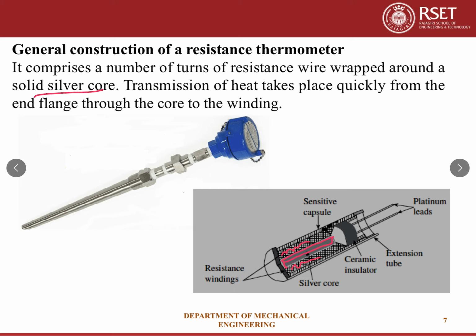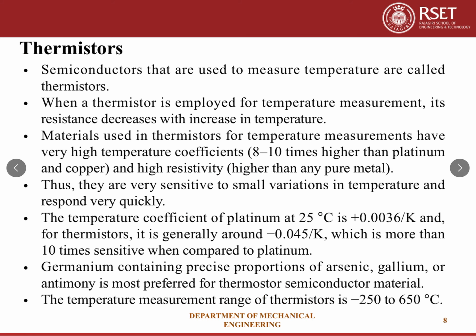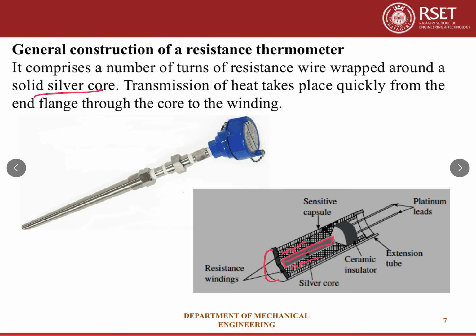Then we can see a conducting flange, a sensitive capsule, and a platinum lead. So that is about the construction. The transmission of heat takes place quickly from the end flange through the core to the winding.